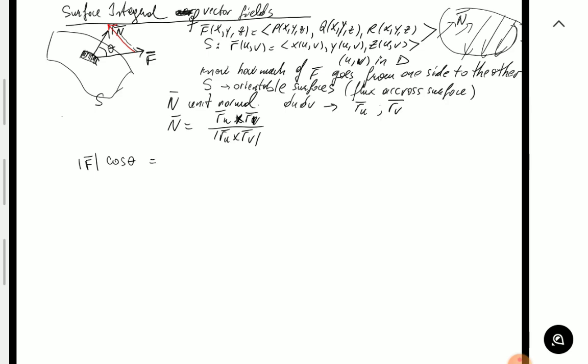Now remember, from the formula of the cosine of the angle between two vectors, in this case theta made of F and n, cosine of theta is nothing but F dot n divided by the magnitude of F times the magnitude of n. Okay, so I forgot to mention something. What we want to integrate is the amount of fluid, the component of F along the normal, multiplied by the area of the patch, so multiplied by dS.